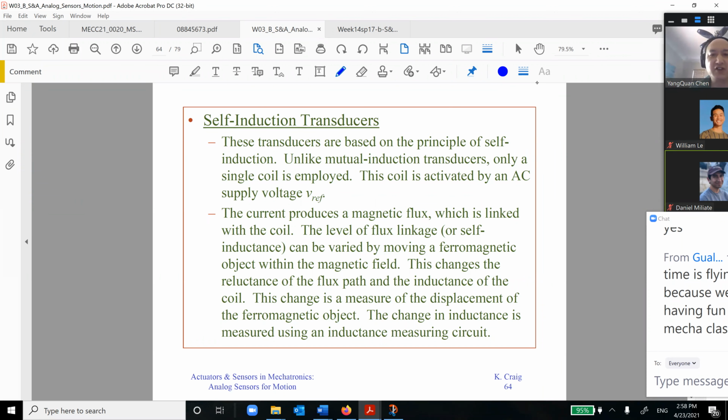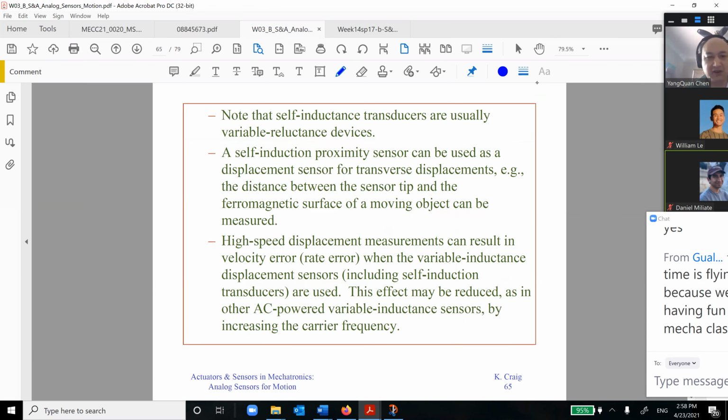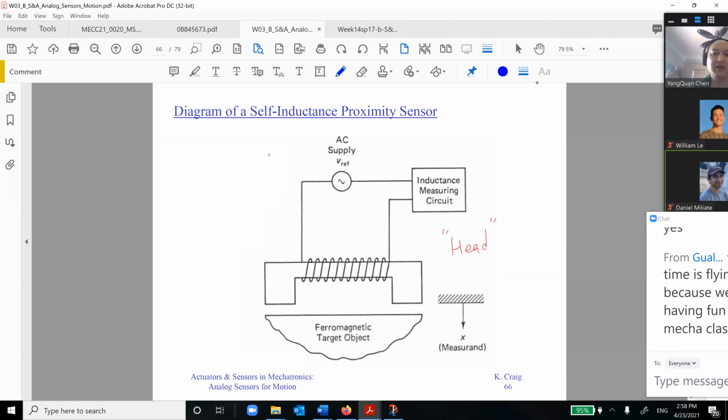Then the self-induction transducer, based on the principle of self-induction. It's not like mutual induction where you have two coils. You only have one. So let's check one of the examples here. This is another type, not mutual. We just saw mutual inductance, but now it's self-inductance.